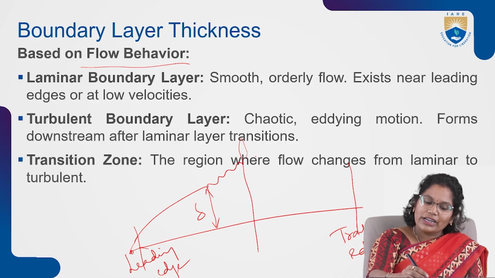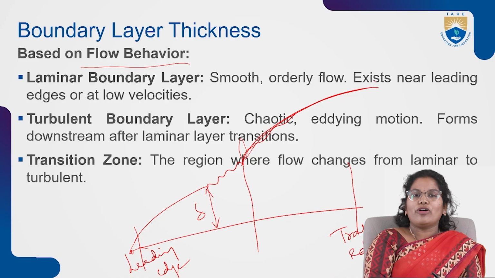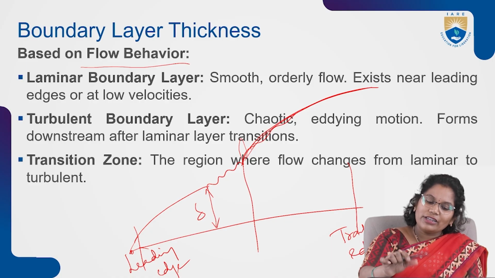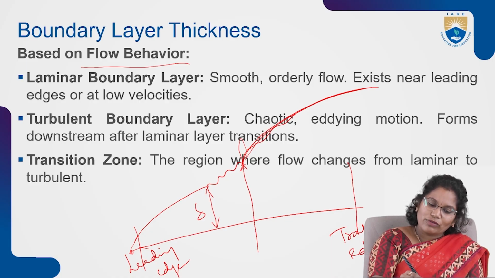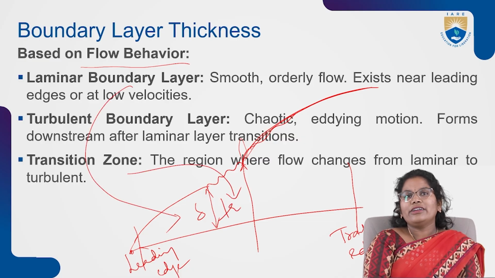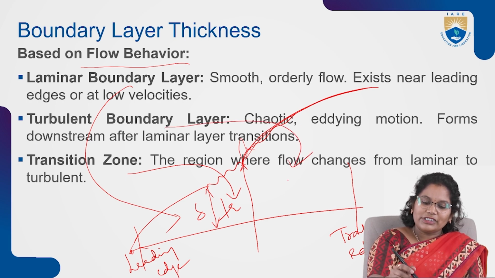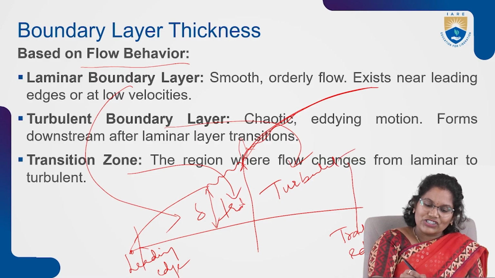After some time again it will become a turbulent boundary layer, right? This is the transitional zone, and this is the boundary layer thickness, and this is your turbulent, this transitional, right? This is laminar.